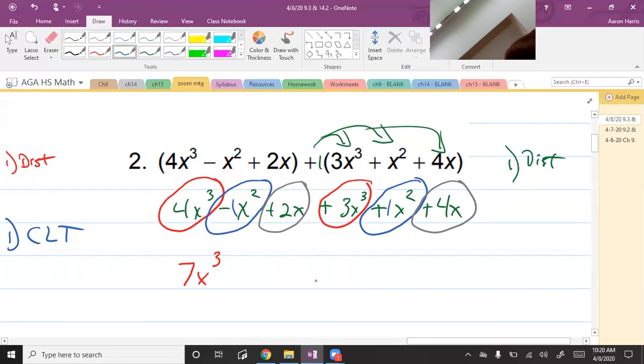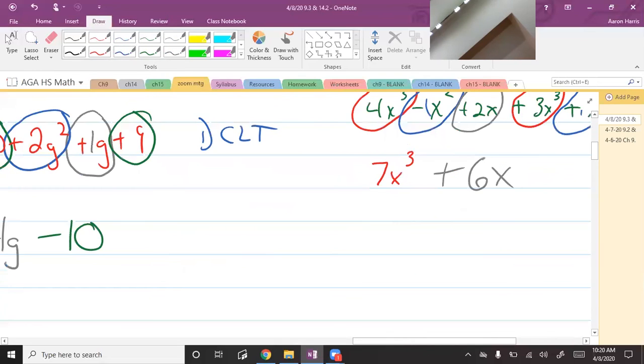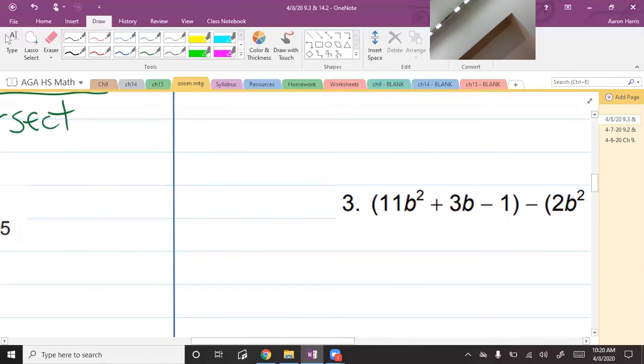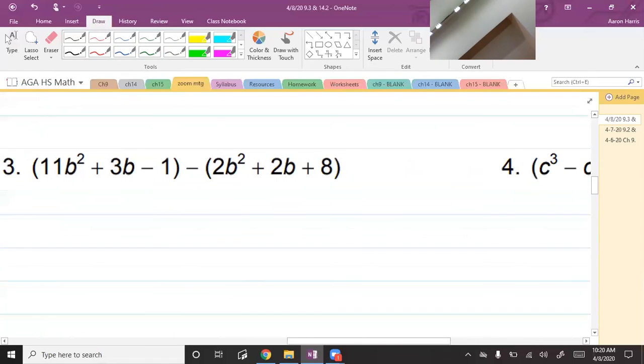So there's nothing left there. Because negative 1 plus 1 is 0. 0 times x squared, 0. Okay. And then we have gray. 2x plus 4x. 2 plus 4 is what? 6. So I get 6x. Simple, simple, simple.